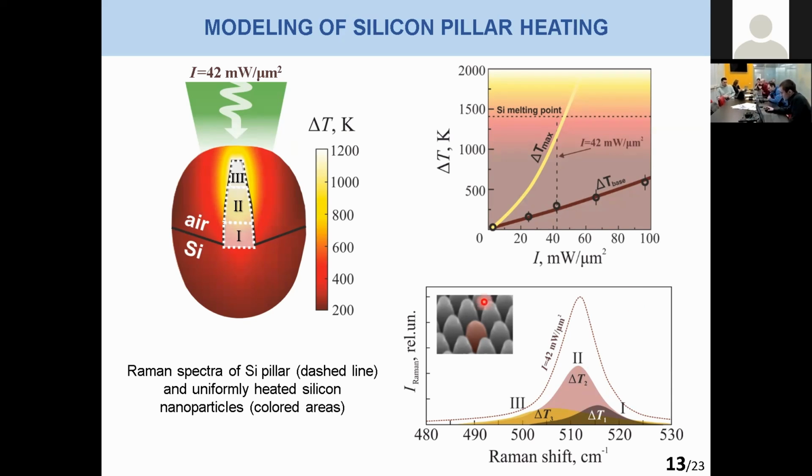Because the average heating temperature just reaches this value, and it contributes the most to the overall peak. So roughly speaking, we have more material at the bottom, and that's why we have more contribution to the Raman signal. So yes, it's basically good.